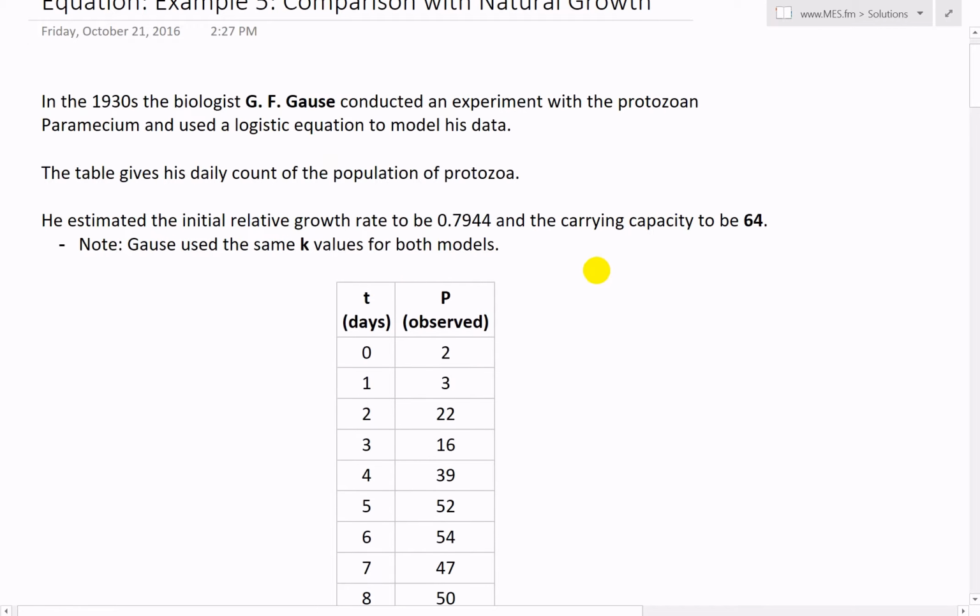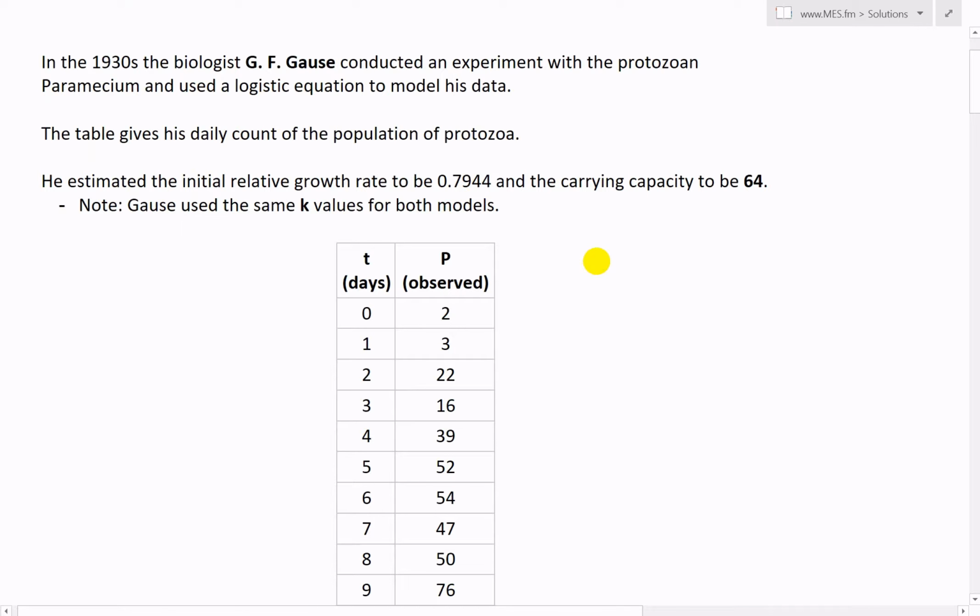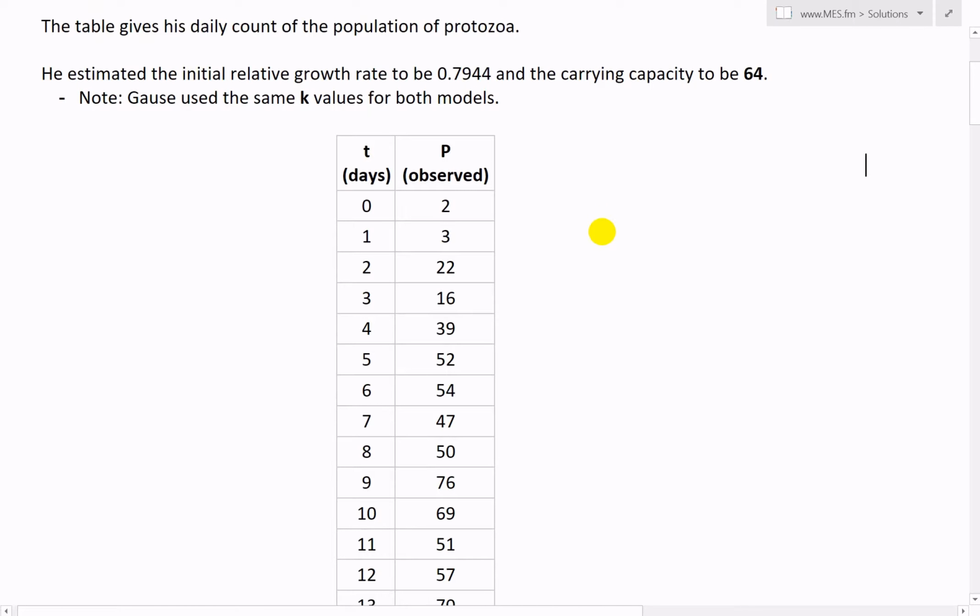I'll go over the definitions later, so stay tuned for that at the end of this video. So basically, he conducted an experiment with this type of bacteria and used a logistic equation to model his data. And the table below gives his daily count of the population of protozoa. Again, that bacteria. I'll get to the definitions later.